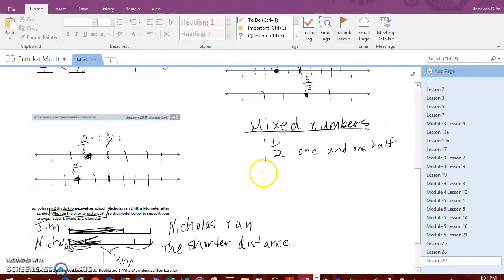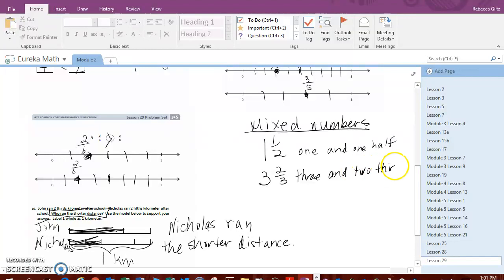Okay, this is 3 and 2/3. Okay, so to show you a picture, 1 1/2 is like we're saying 1 whole piece plus half of another one.